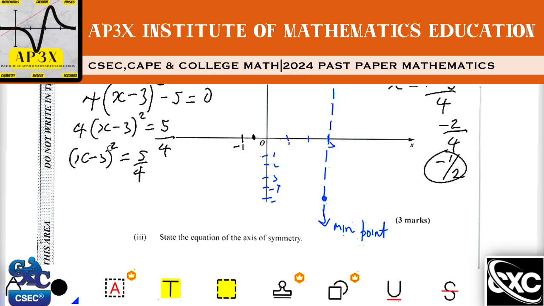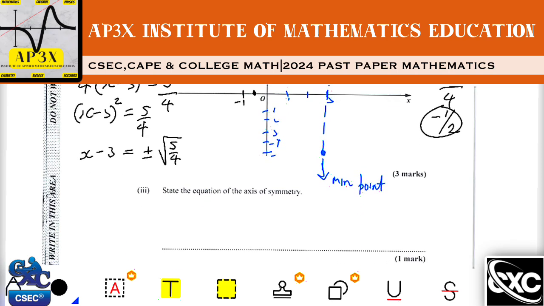So when we square root the left, we're going to end up with x minus 3. And that's going to be equal to plus or minus the square root of 5 over 4. All right, because we square root both sides. So I think that's where I went wrong, guys. So now I'll end up with x is equal to positive 3 plus or minus the square root of 5 over 4.